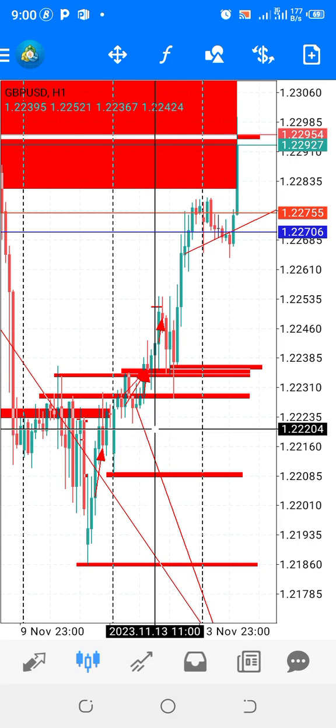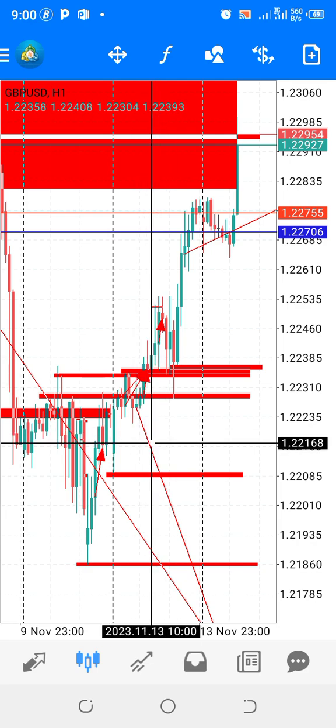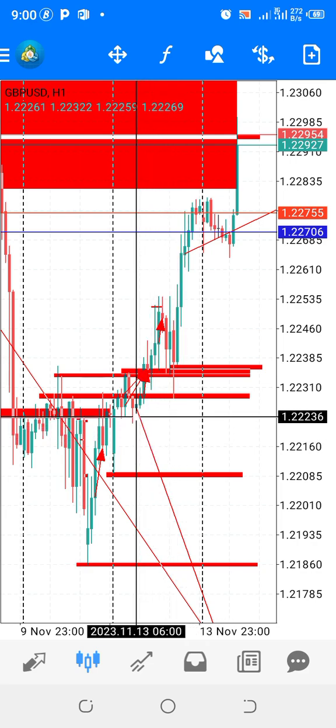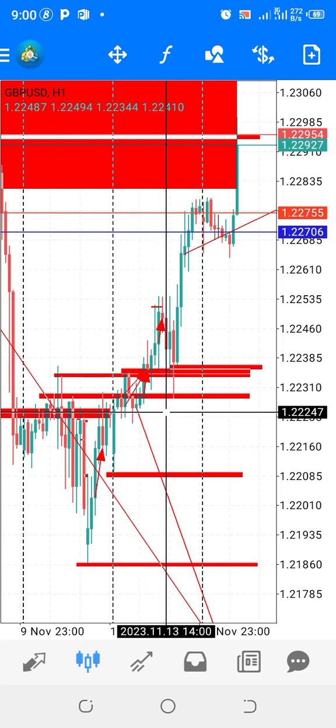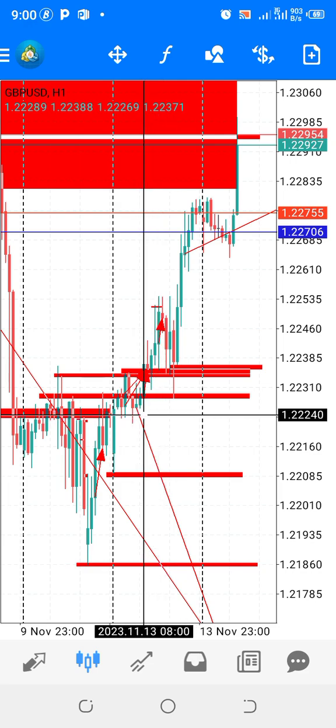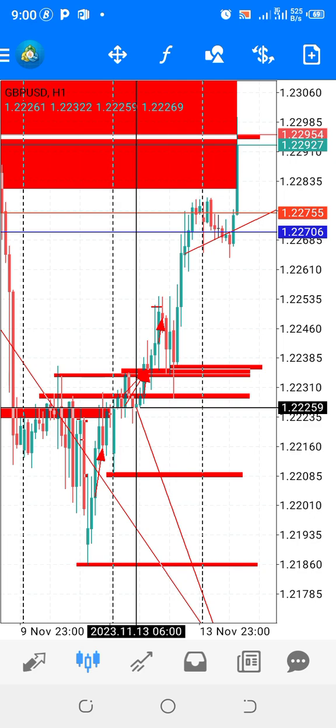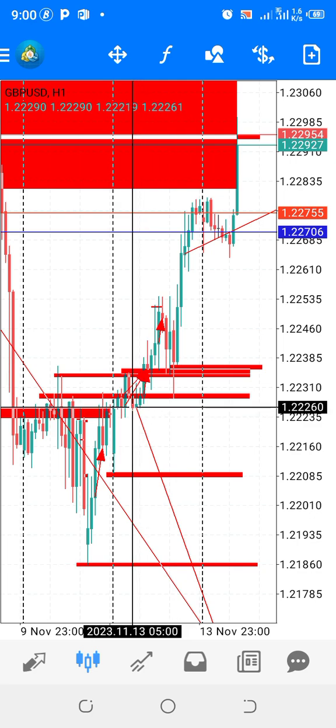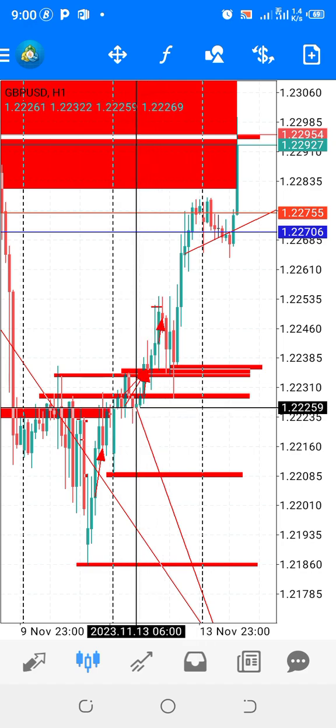Then your entry candle for a sell will become your entry candle for a buy, and your exit price will be the same, 10 pips below the entry price, while entering on the opening of the third candle.